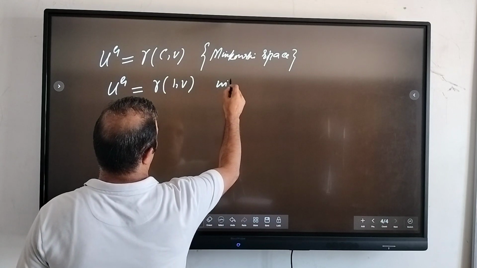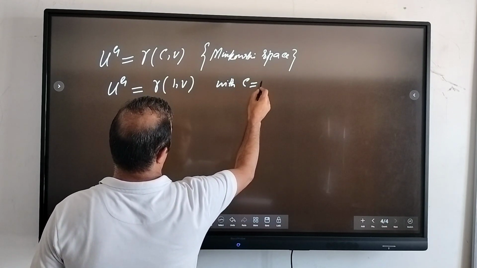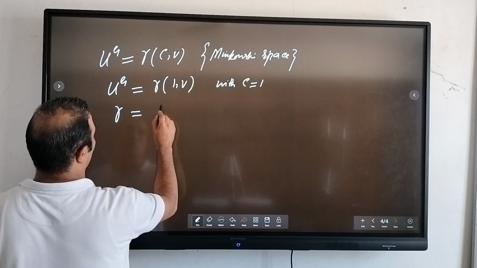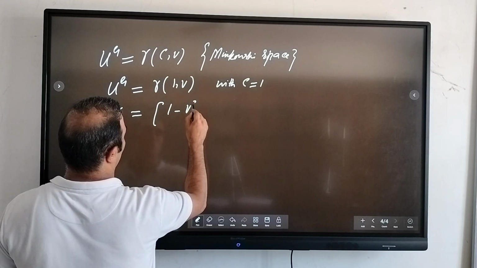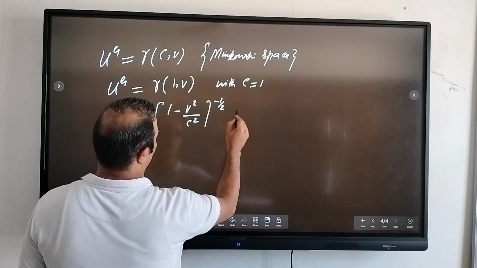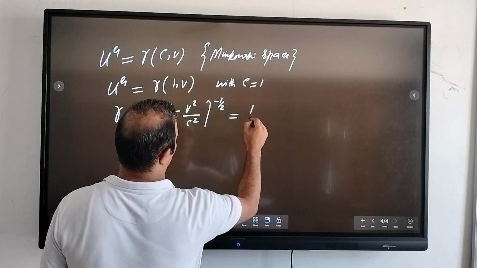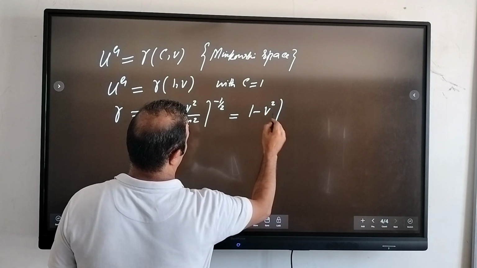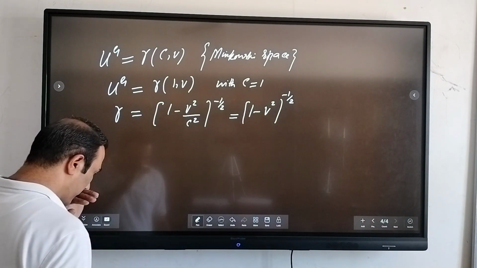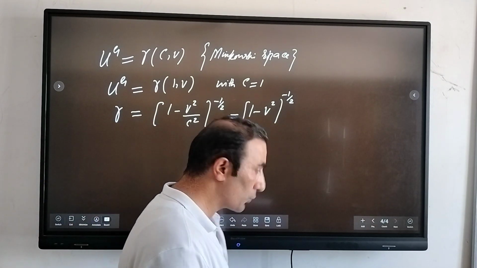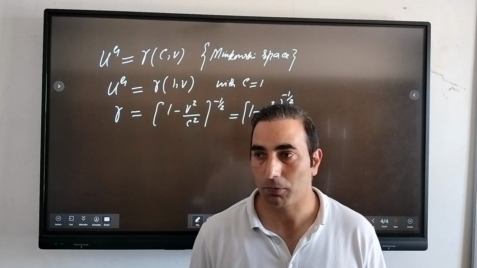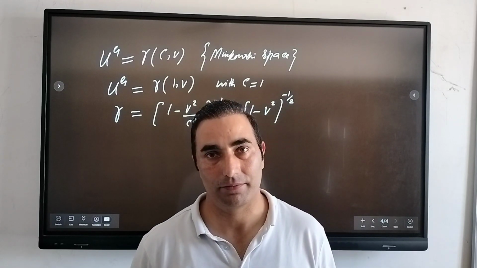With c equal to 1, what's gamma here? Now if you talk about a falling particle, the velocity is less than 1, right?